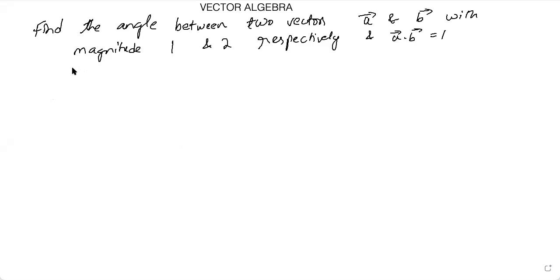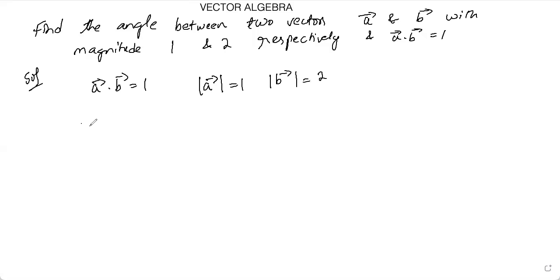So let us solve this. We have been given that a dot b was equal to 1, and the lengths, that is mod a, is equal to 1, and mod b is equal to 2.